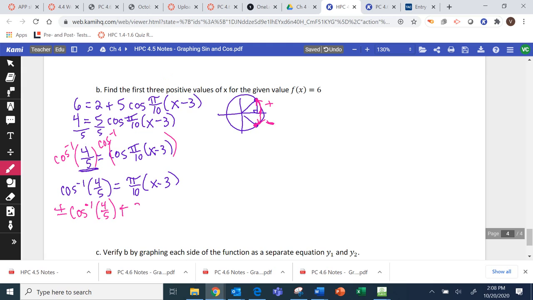But I'm not just adding 2 pi because I want it to go around an infinite amount of times. So I'm going to add a certain number of 2 pi's. But I don't know what that number is. So I'm going to put a variable. I'm going to add maybe k 2 pi's, 2 pi k. Will that work to get any coterminal angle?